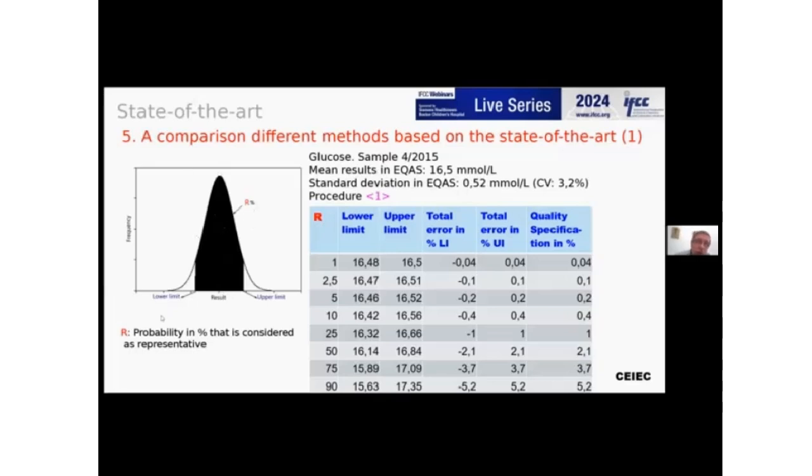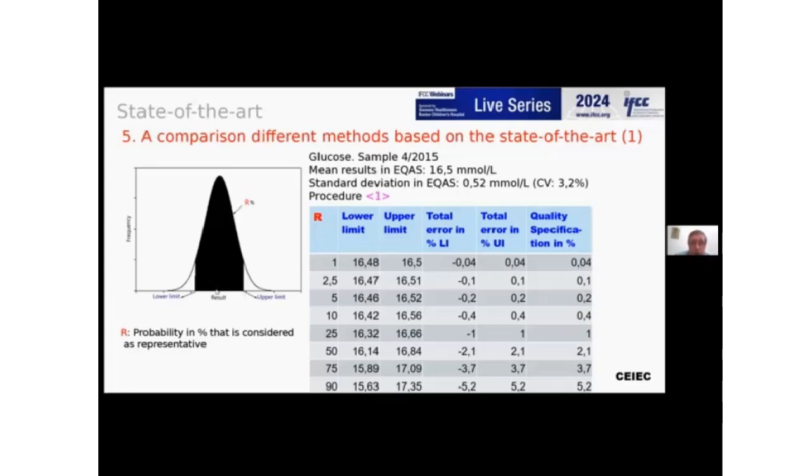Then the specification value would be 0.04%. So we reach the first conclusion that depending on what we consider representative in terms of percentage of results, we would have different values.